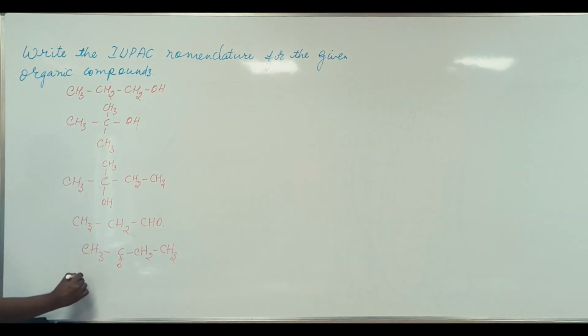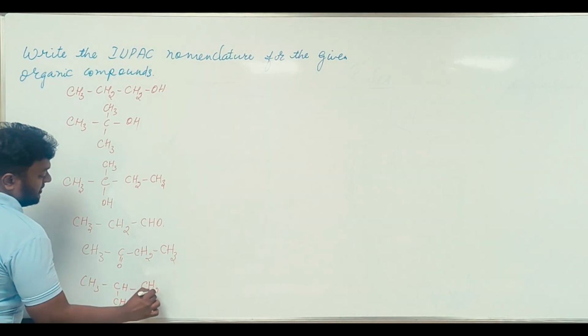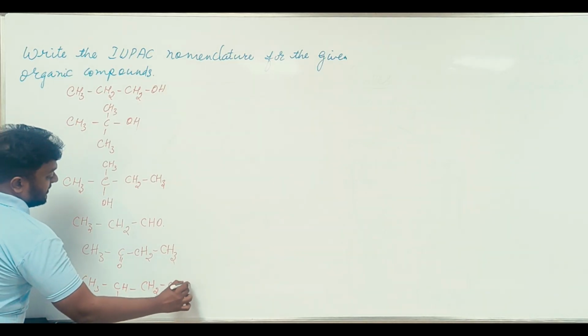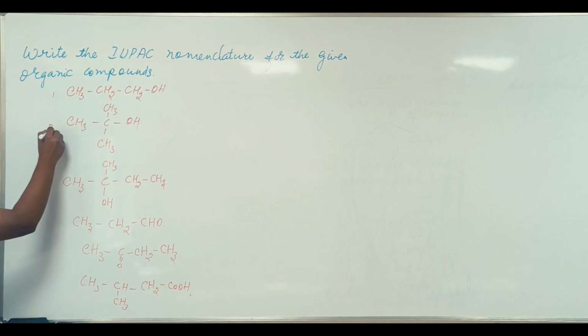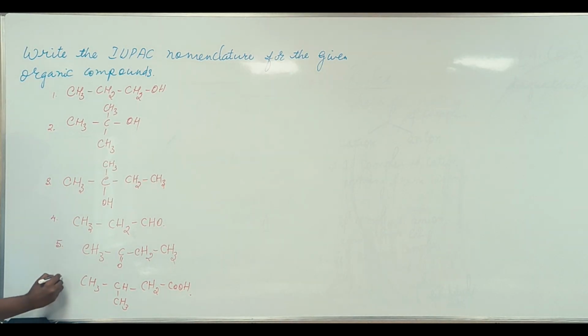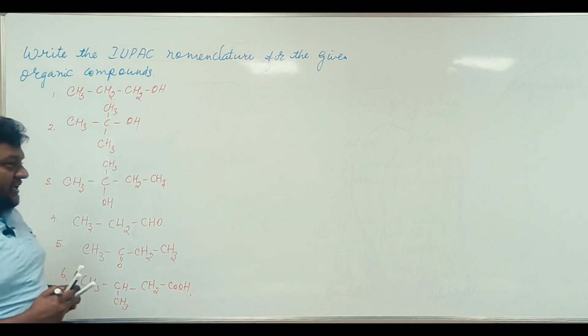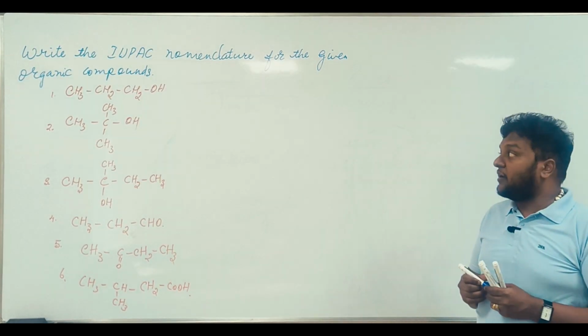Okay, then CH3 bond C bond CH3 bond CH2 COOH. So this is the first compound, second compound, third compound, fourth compound, fifth compound, and then 6 questions have been asked. Okay, now we will see how to derive and how to write.